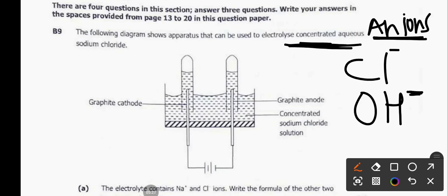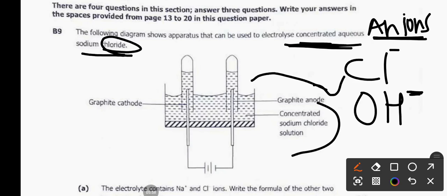The rule that we follow is that the anion that is in a higher concentration will be discharged at its respective electrode. The question says concentrated sodium chloride, meaning that the chloride is in a higher concentration. Thus, at the anode, we expect chlorine to be discharged since it is in a higher concentration.